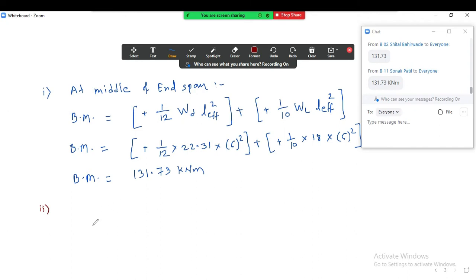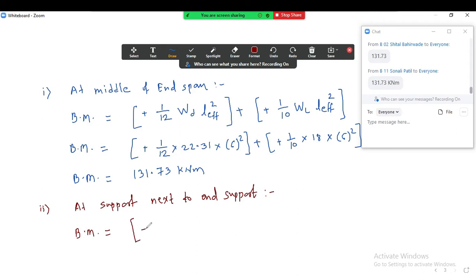Now calculate at the support next to the end support. Here, since we are calculating at the support next to the end support, the coefficients are negative: minus 1 by 10 and minus 1 by 9.